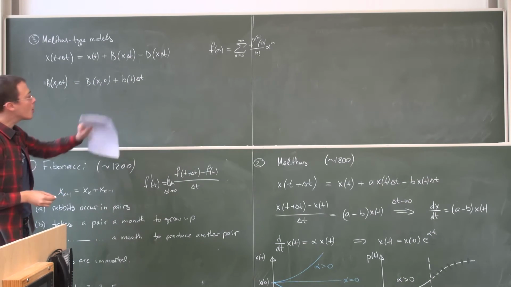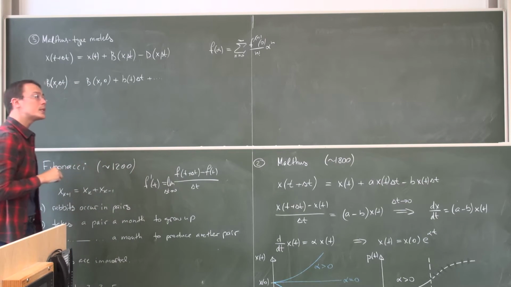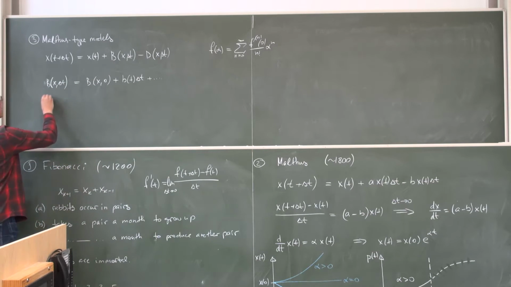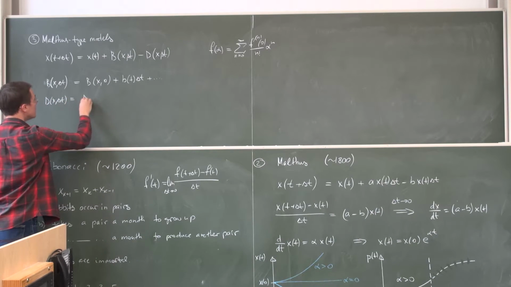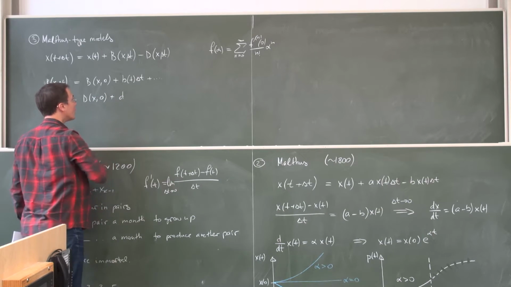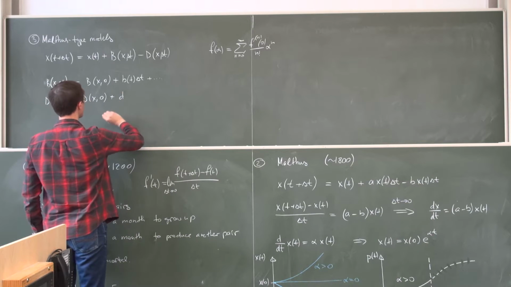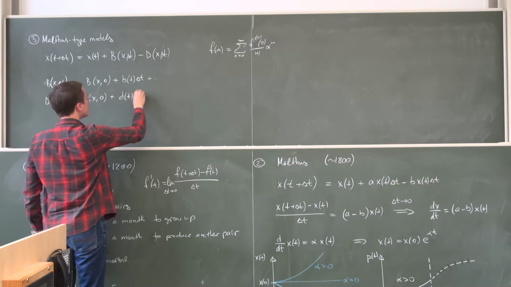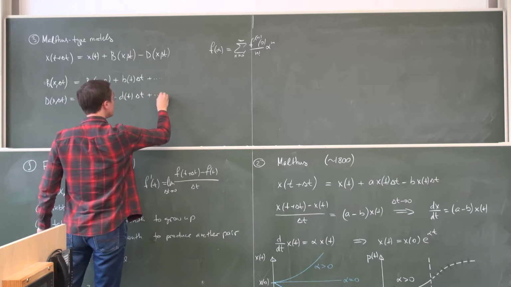There are further terms, but they will actually vanish in due course when we take that limit. And the same for this. So d of x, delta t is d of x, 0 plus d of t times delta t. Okay, so far so good.